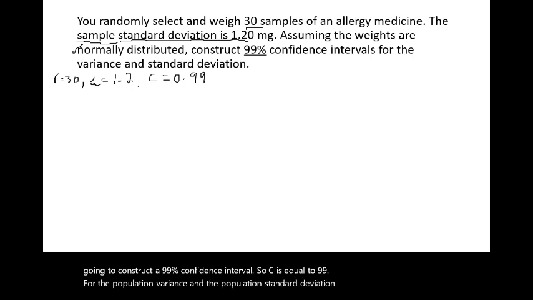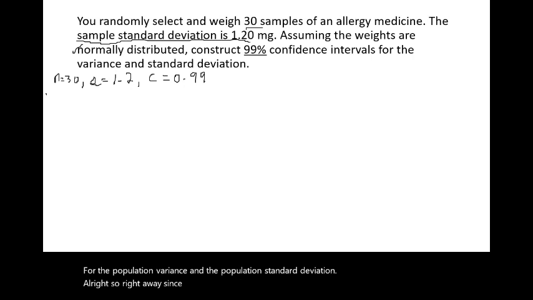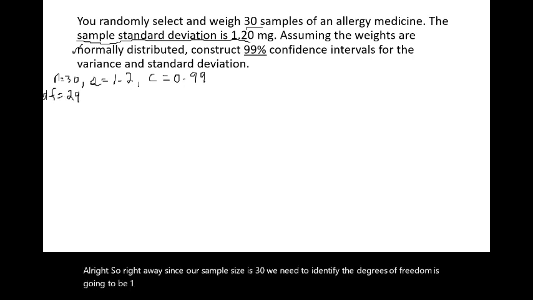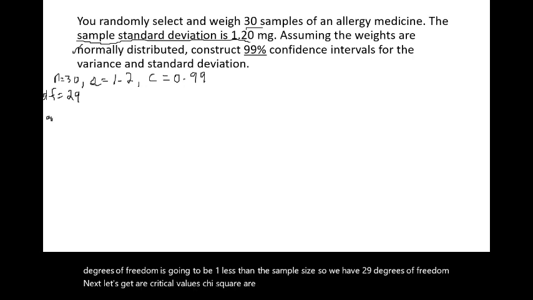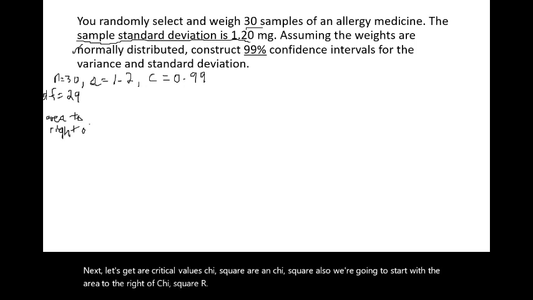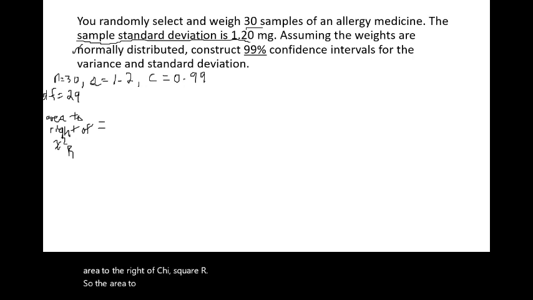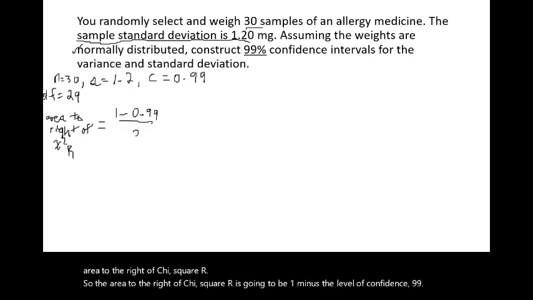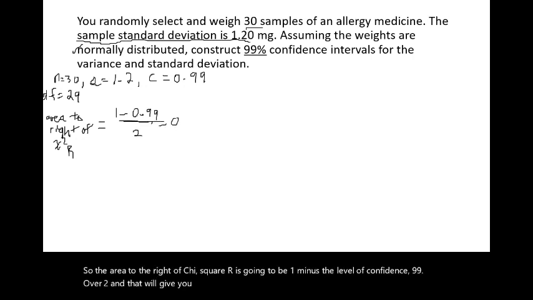All right, so right away, since our sample size is 30, we need to identify the degrees of freedom. The degrees of freedom is going to be one less than the sample size, so we have 29 degrees of freedom. Next, let's get our critical values chi-square R and chi-square L. So we're going to start with the area to the right of chi-square R. So the area to the right of chi-square R is going to be 1 minus the level of confidence, 0.99, over 2, and that will give you an area to the right of 0.005.